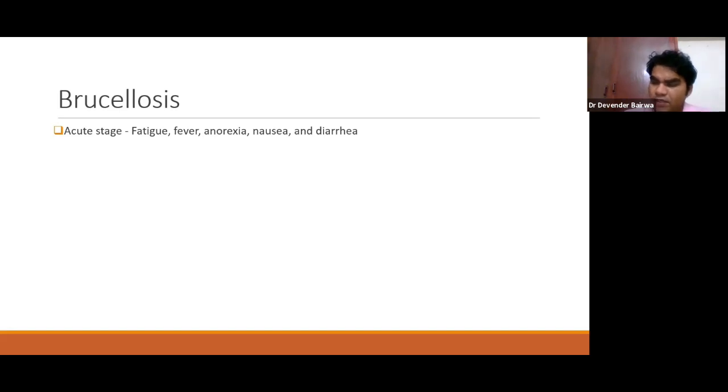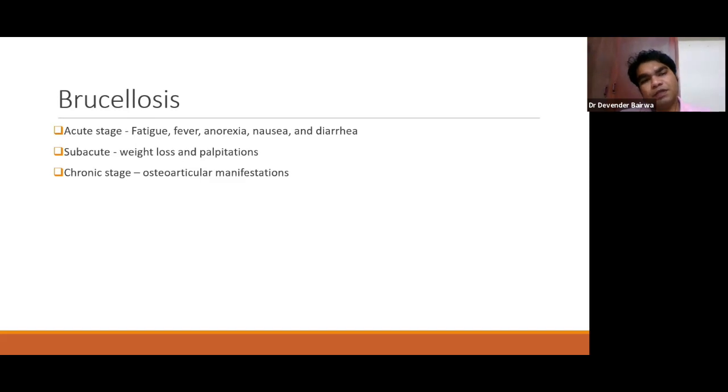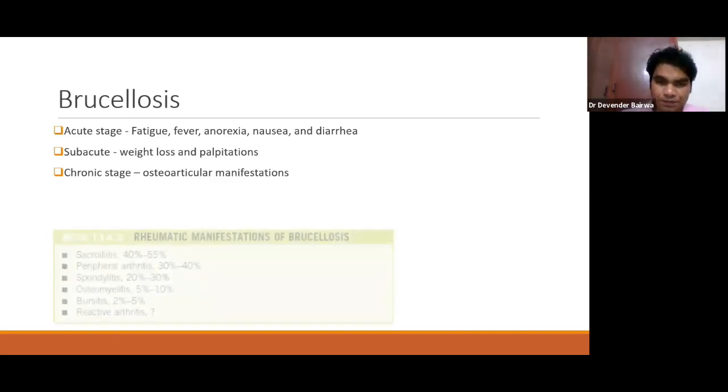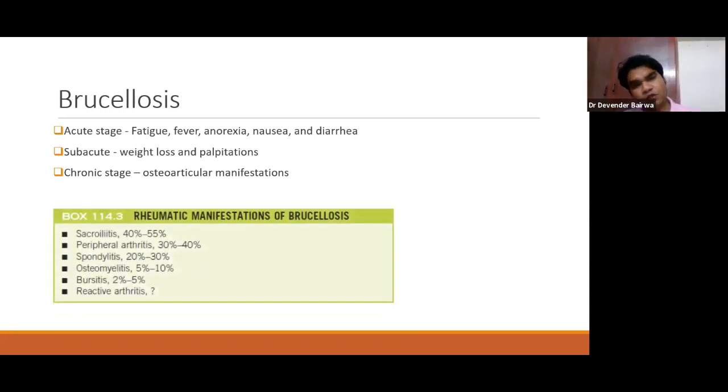In Western countries, people handling animals, like veterinarians and farmers, are in those populations where the disease is endemic. In the subacute stage, mostly they present with weight loss and palpitation, and it is the chronic stage which presents with osteoarticular manifestations.